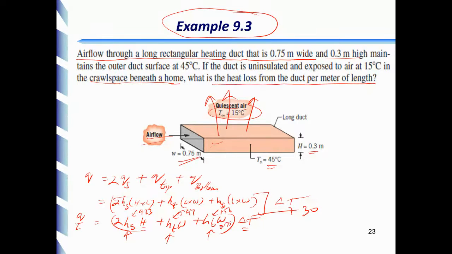W we know 0.75. H equal to 0.3. So everything we know, then you can calculate the Q by L. It is 234 watt per meter.